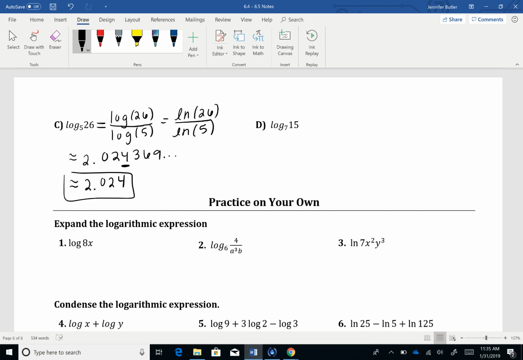And finally, log base 7 of 15. 15 is not a perfect power of 7, so change of base property it is. Let's take the log of 15 divided by the log of 7. Or let's take the natural log of 15 divided by the natural log of 7.